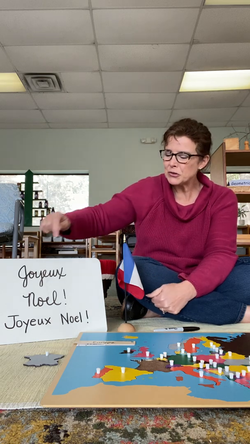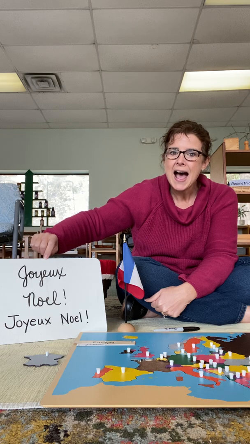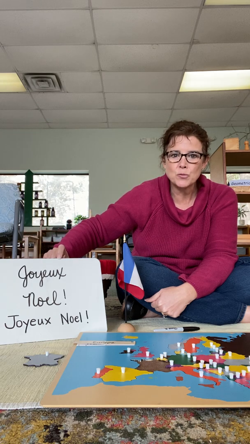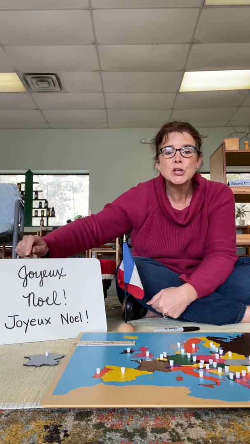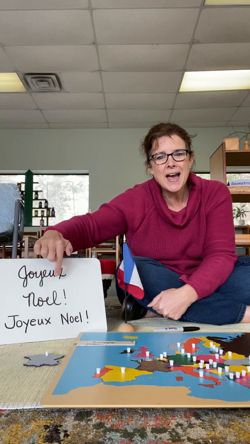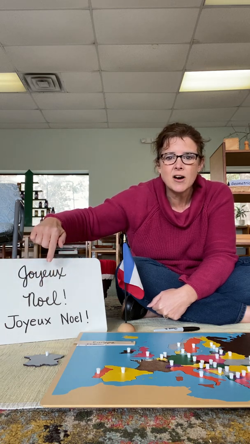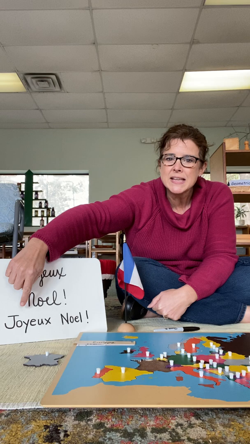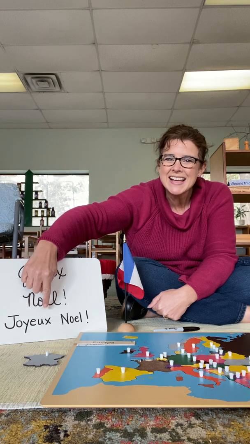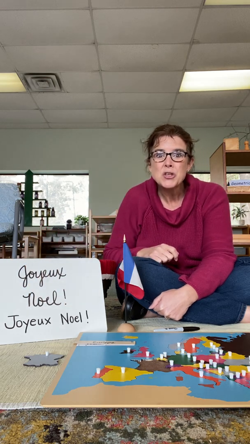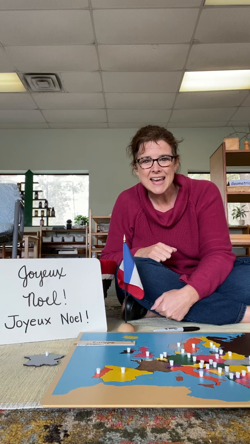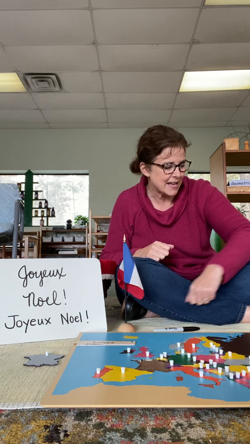First of all, you'll notice on my whiteboard, I have some strange things written here. It says, Joyeux Noël, in cursive on top and in print on bottom. You'll want to write those words down in your work record today.